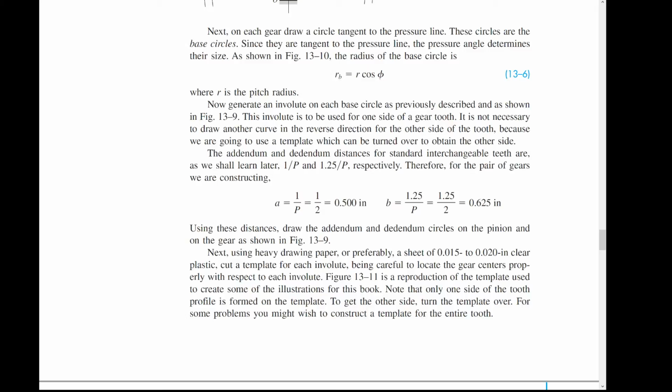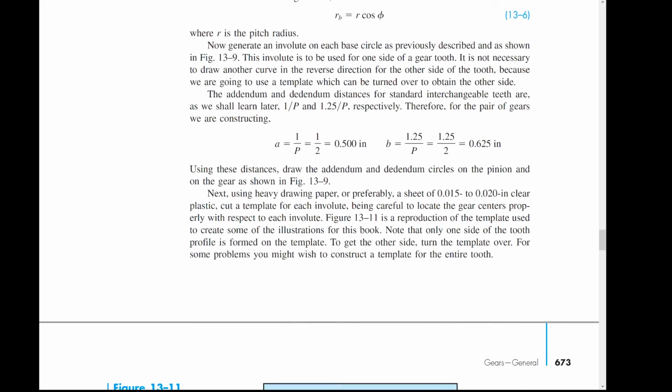Inconsistency in significant figures. I'm very disappointed. B equals 1.25 over p dot. Oh, I'm not consistent with my p dot. So hopefully you are looking and not just listening. 1.25 over 2 equals 0.625 inches. Using these distances, draw the addendum and dedendum circles on the pinion and on the gear shown in figure 13.9.